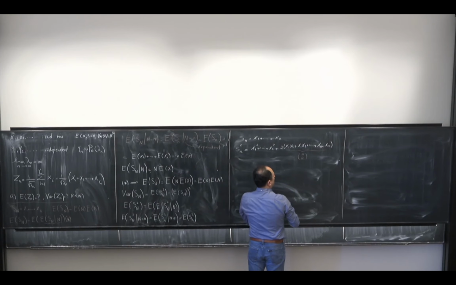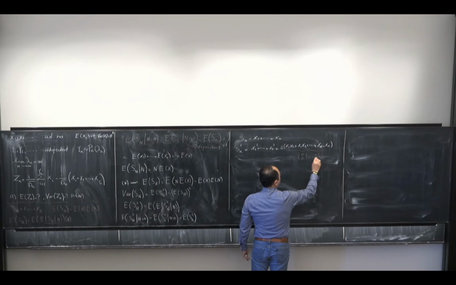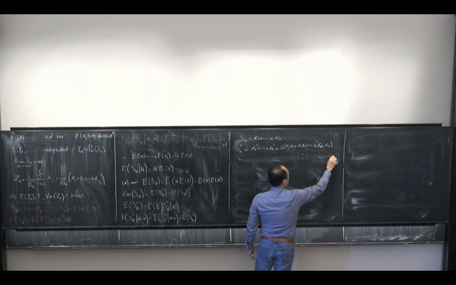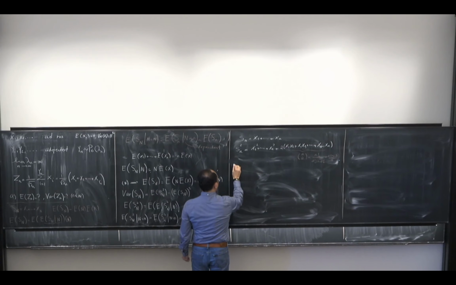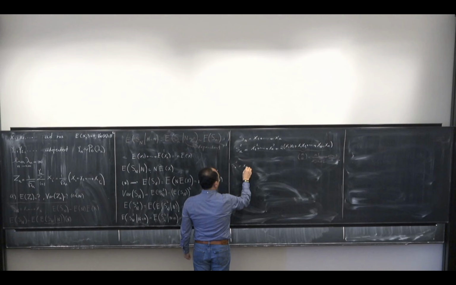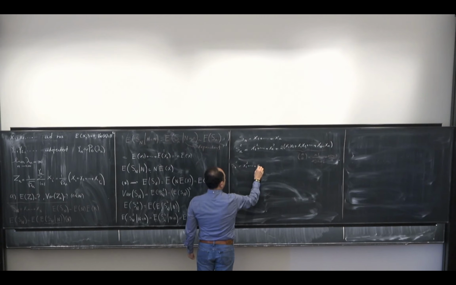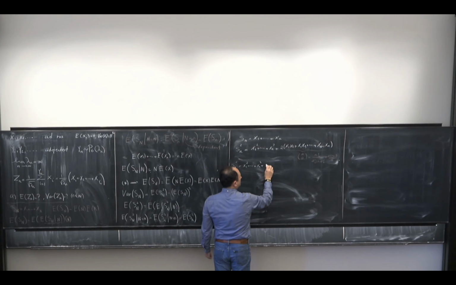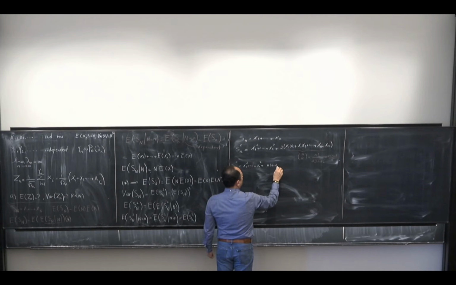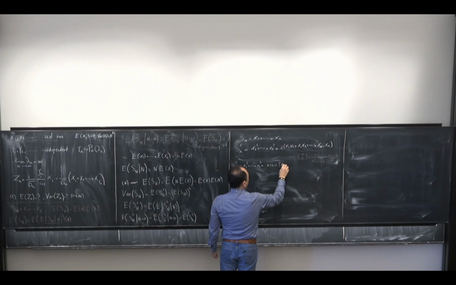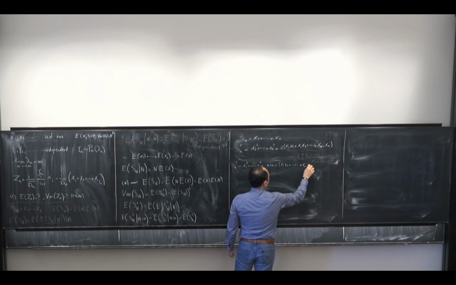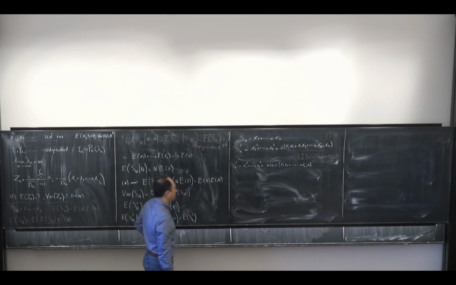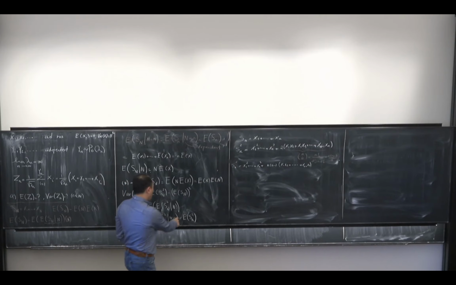But if you calculate this one, this is just n factorial divided by 2 factorial times n minus 2 factorial, which is n times n minus 1 divided by 2. That 2 will cancel that 2. So finally, Sn squared is x1 squared up to xn squared plus n times n minus 1, and then I have x1 x2 up to x n minus 1 xn. Okay, now I want to take expectation.